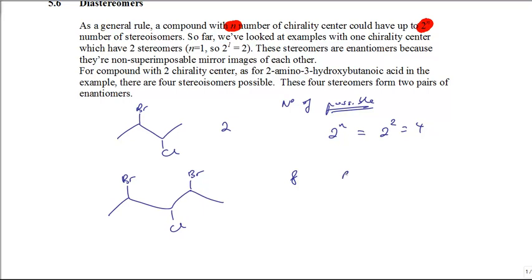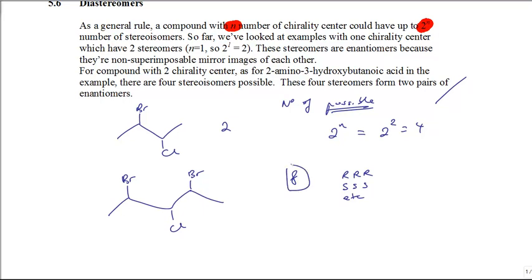And what are they? They are going to be your R, R, R, S, S, S, etc. Does that make sense to you? It's just probability, isn't it? So you can have up to 8 isomers, but it's only possible. So that's what that says. And they fall into pairs.